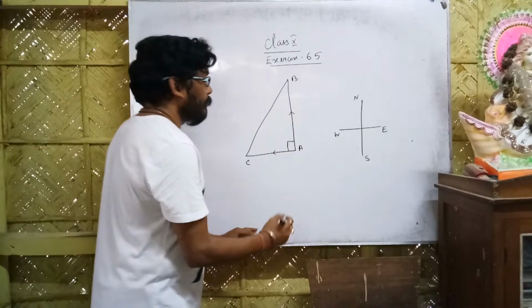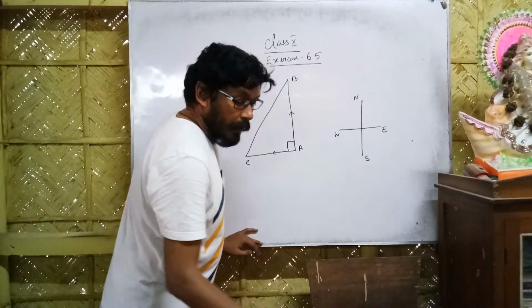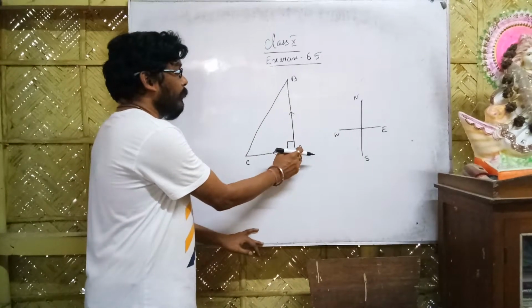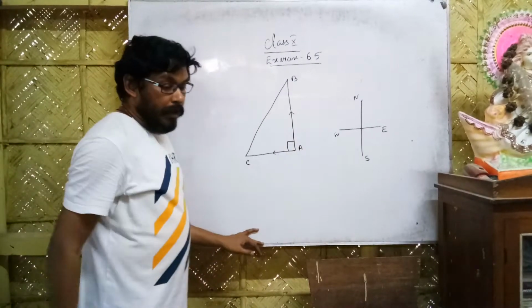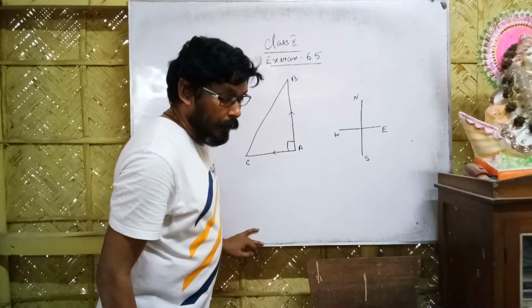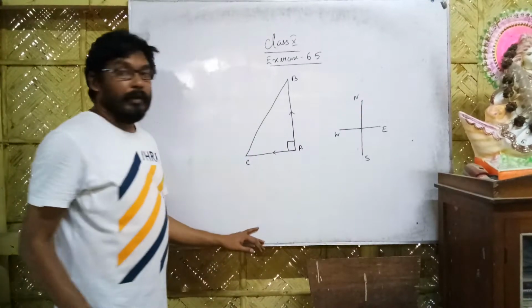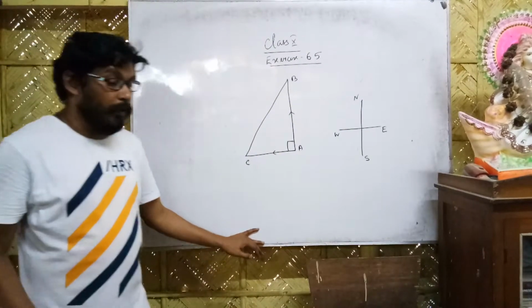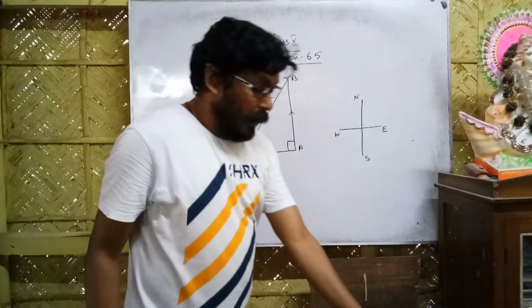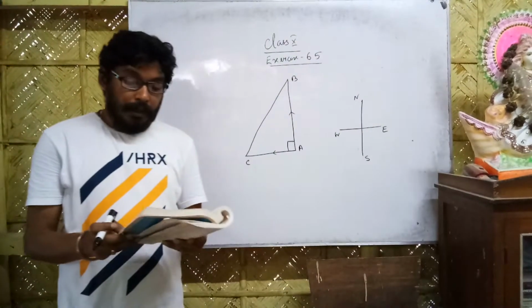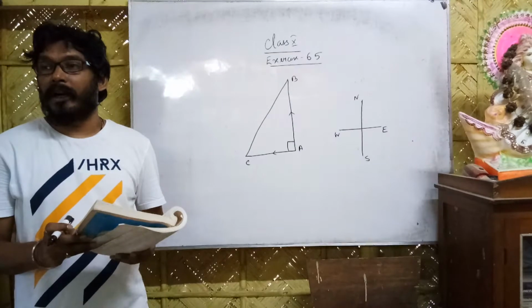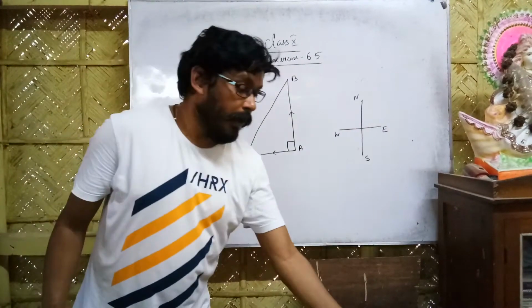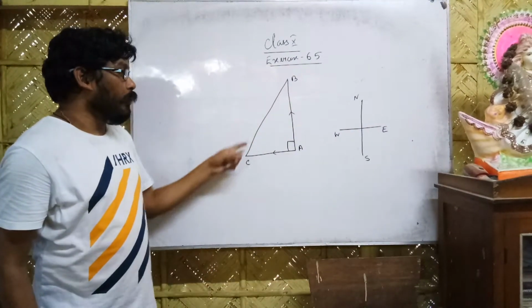So here you write what is given. While flying from A to B, the speed was 1000 km per hour, and you have to find out how much distance it has covered in 1.5 hours. They have asked how far apart will be the two planes after 1.5 hours.